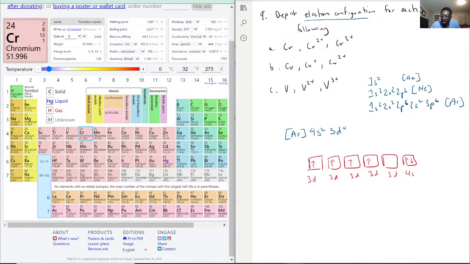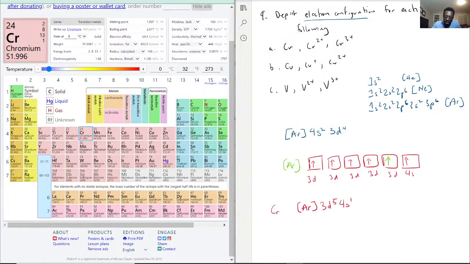So this one electron would move and be placed over here. This would stabilize it, at least for the orbital notation, and would be a more stable chromium. If we rewrote that, starting with Ar, it would be 3d5 4s1.